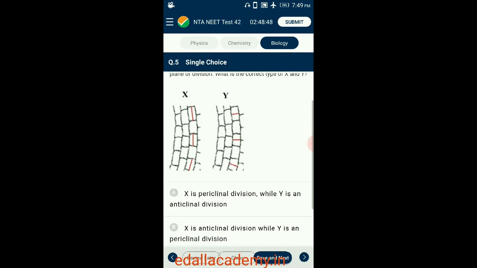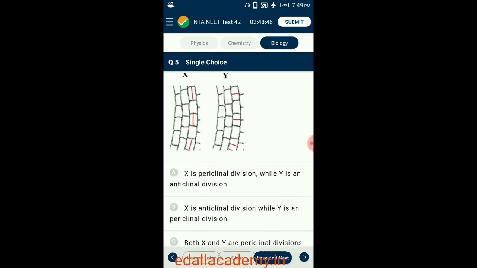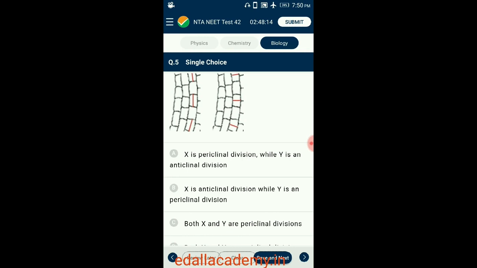Question number 5. During the formation of gametophytes and embryo in angiosperms, the cells undergo two types of cell divisions. The diagram given below is a representation of them. The red lines indicate their plane of division. What is the correct type of X and Y? Here the diagrammatic representation is given, X and Y. Periclinal division is a type of division in which the plane of division is parallel to the plane of the tissue.